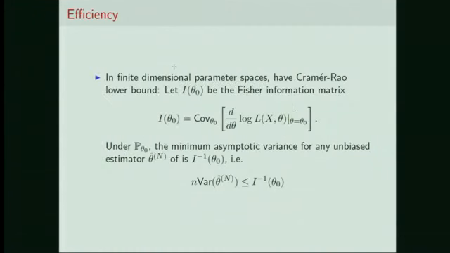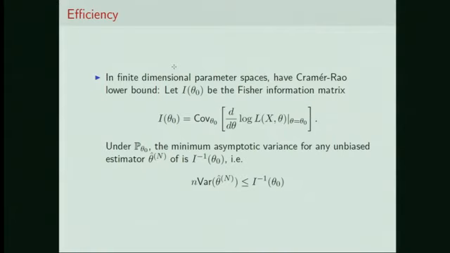In finite dimensional models, there's quite a satisfactory answer to this question, how well can you do in estimating parameters. So if you have a finite dimensional parameter space, so if our function b would lie in a finite dimensional space, then you have the Cramer-Rao lower bound, which says, if the Fisher information is defined by this, which is just the variance of the derivative of the log likelihood with respect to the parameter, and we assume there's one true underlying parameter, theta 0, then there is a bound on all estimators for the true parameter theta 0.